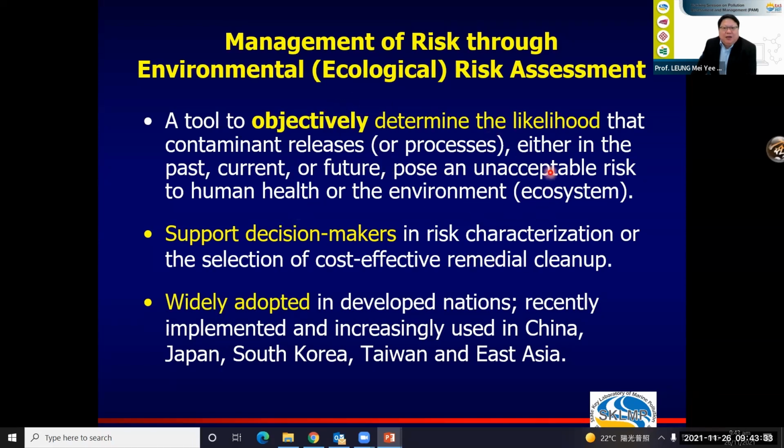So based on the result, decision makers can make informed decisions in the risk characterization and the selection of cost-effective remedial cleanup measures. These tools have been widely adopted in various countries, including those in East Asia: China, Taiwan, Japan, and South Korea.